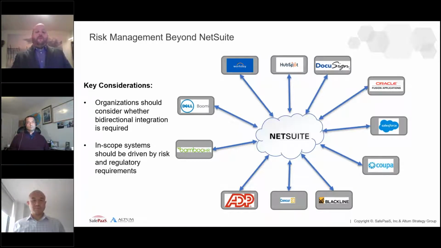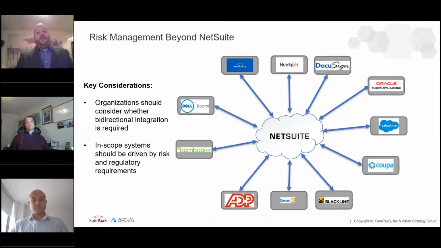We're really seeing that organizations who are managing the security model well are beginning to look outside of NetSuite. NetSuite provides a series of pretty robust APIs that, depending on different organizational needs, can go as far as bidirectional. In a lot of cases, it's really the unidirectional approach, but in some cases we do see the bidirectional approach.